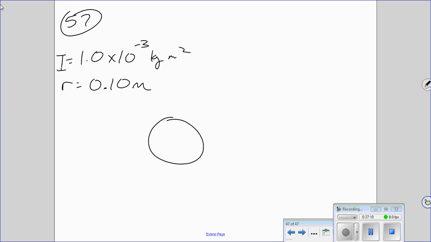At a 90-degree angle to the radius, right? So if the force is being applied here, here's my radius, here's my force. The force is tangent to the circle. And if it ever says radially, that means along the radius. Cool? All right, so that's our little drawing.